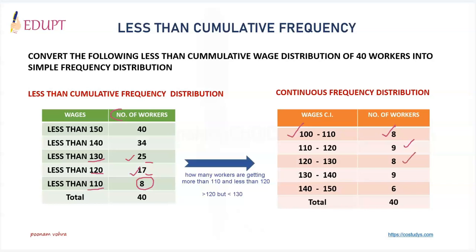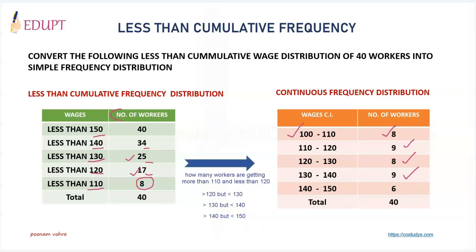Next, we shall find out how many workers are getting more than 130 but less than 140. So it will be 34 minus 25, which is 9. And finally, we shall find out how many are getting more than 140 but less than 150.